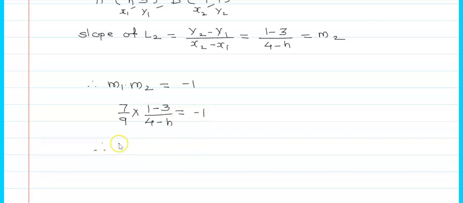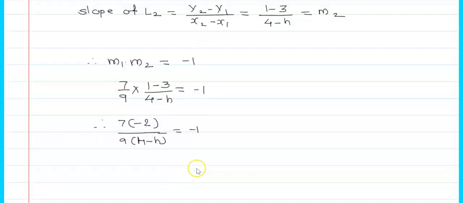Therefore 7 in bracket 1 minus 3, 1 minus 3 is minus 2, upon 9 in bracket 4 minus h, and that's equal to minus 1.